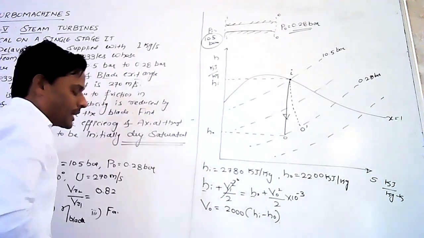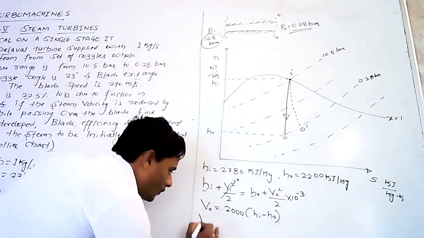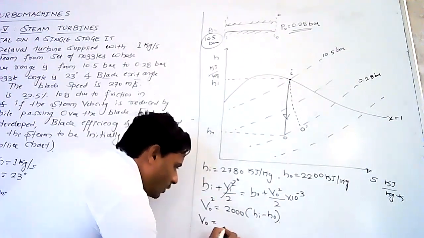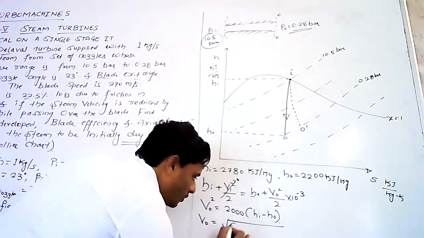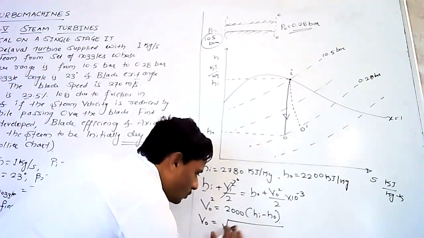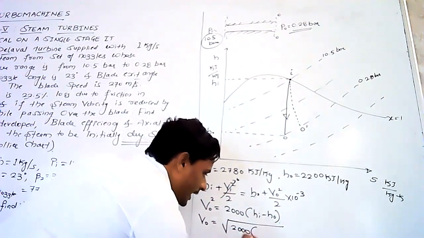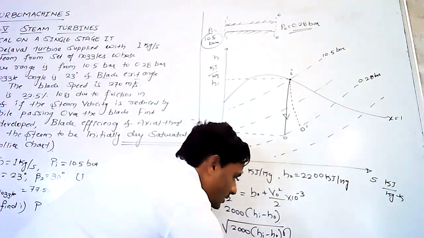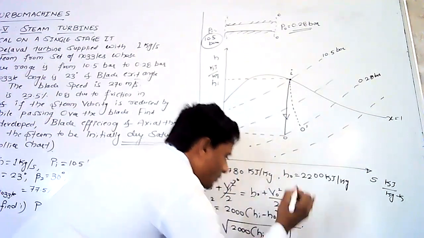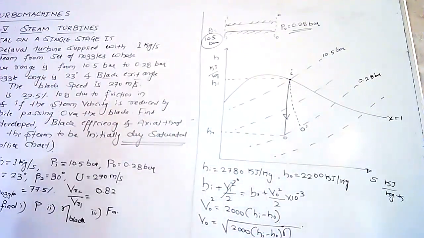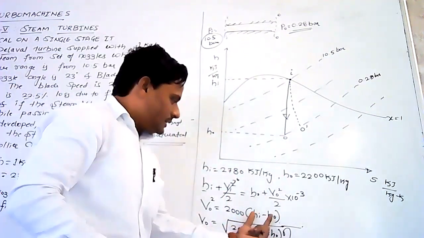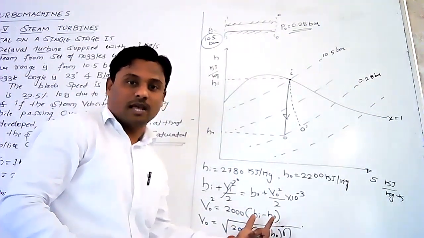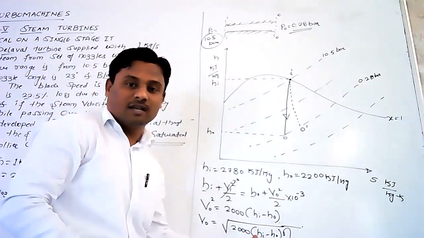Now V naught can also be written as root of 2000 into Hi minus H naught, into the nozzle efficiency. So this is the actual enthalpy drop, and this is the ideal enthalpy drop.